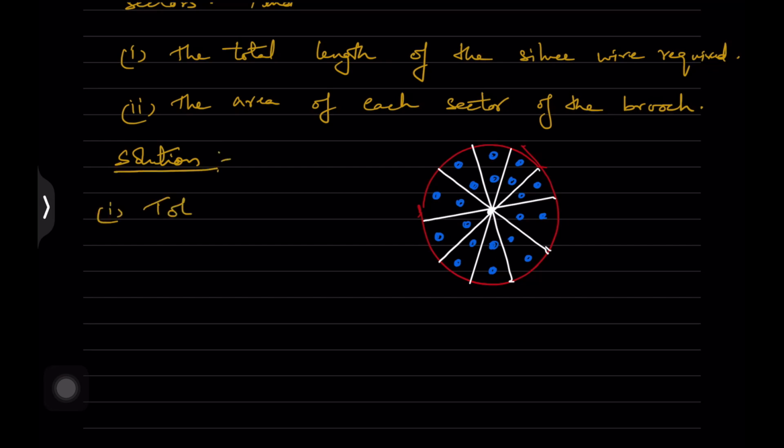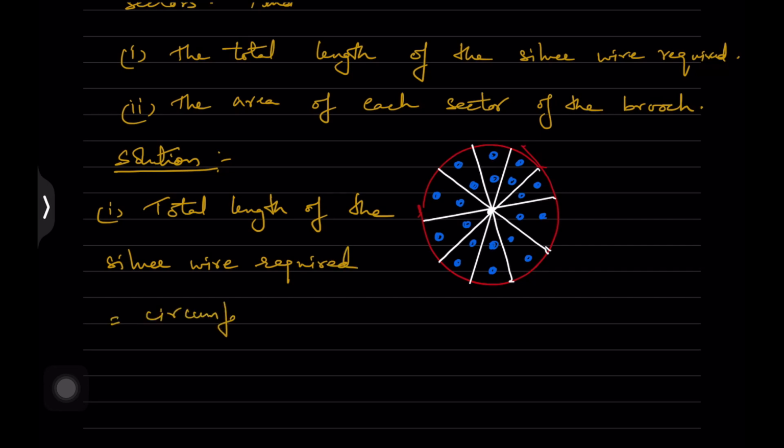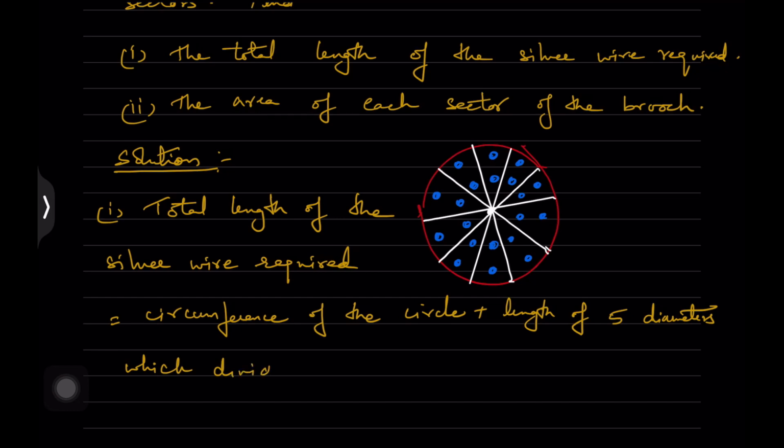For the first bit, total length of the silver wire required is equal to the circumference of the circle plus the length of 5 diameters which divide the circle into 10 equal sectors.